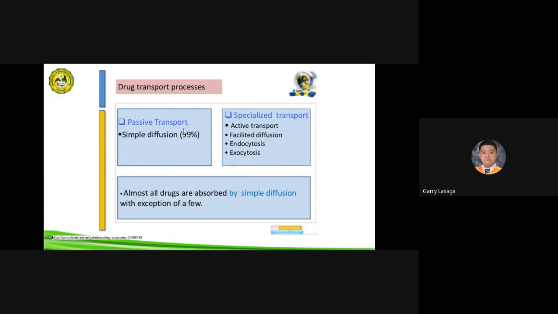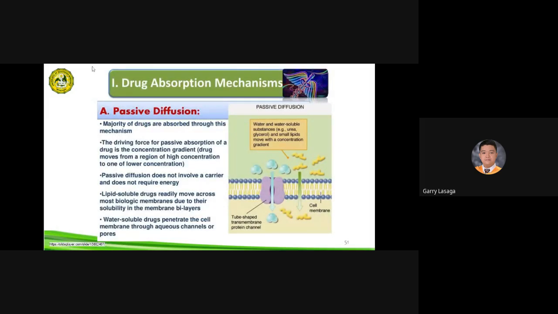Simple diffusion is under passive transport, and almost all drugs are absorbed by simple diffusion in the body. About 99% of available drugs are transported via simple diffusion. Other specialized transport mechanisms for the transport of drugs include active transport, facilitated diffusion, endocytosis, and exocytosis.